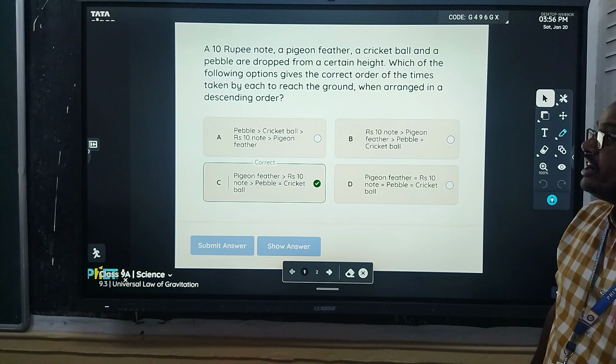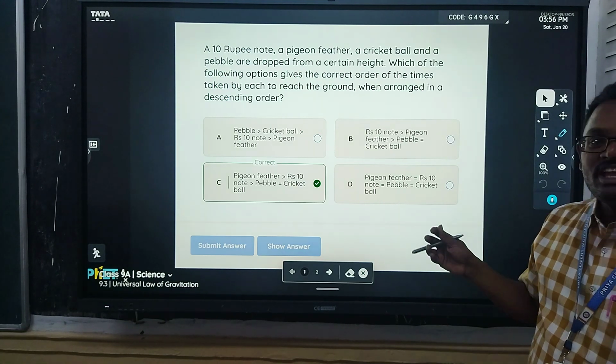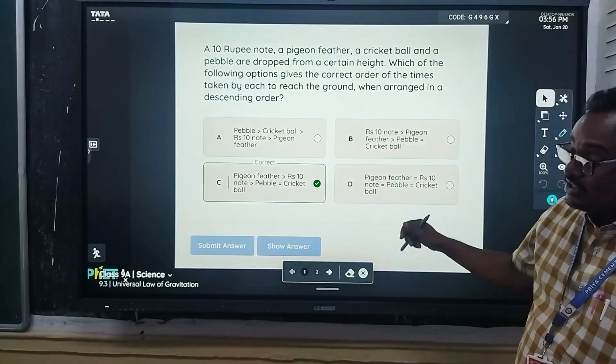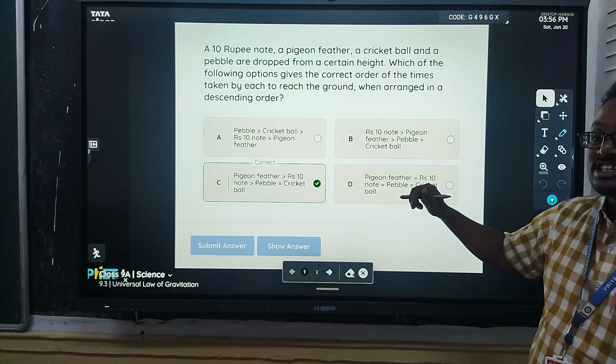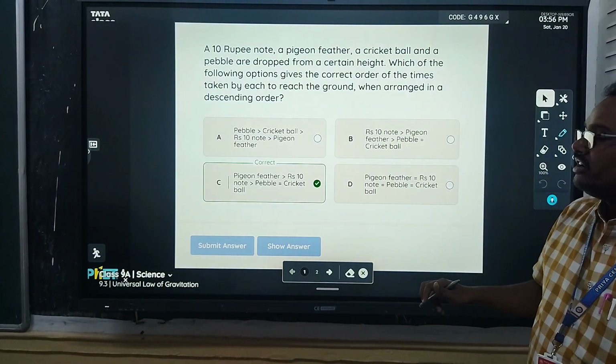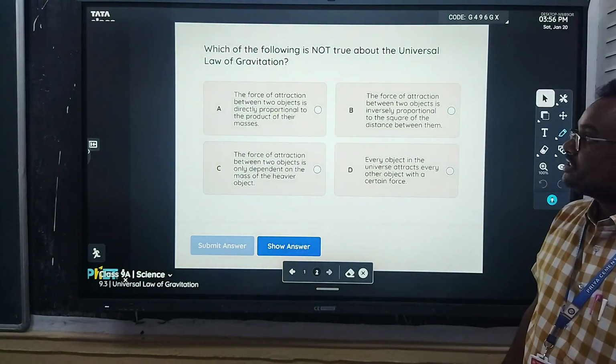I already said that if the net force is zero, the body either remains in uniform motion or at rest. Like that here also, if no other external force acts on it, all four reach the ground at the same time. Next, see this question.